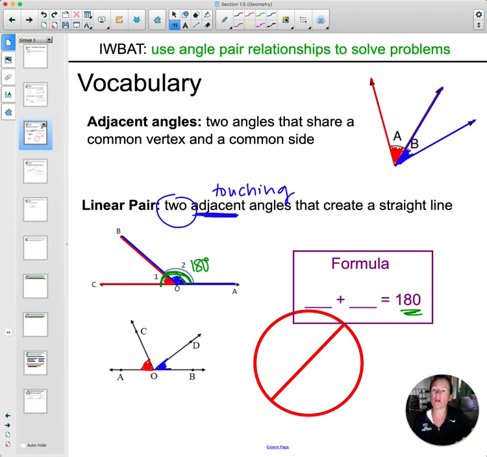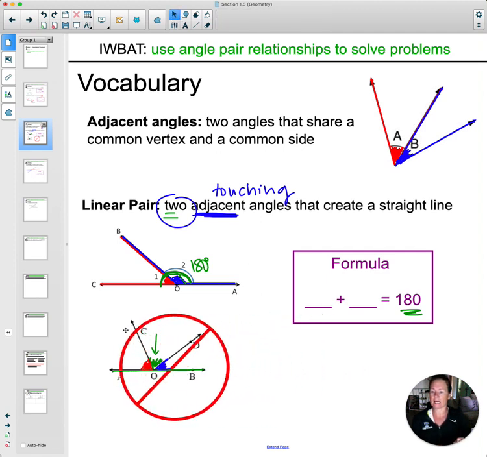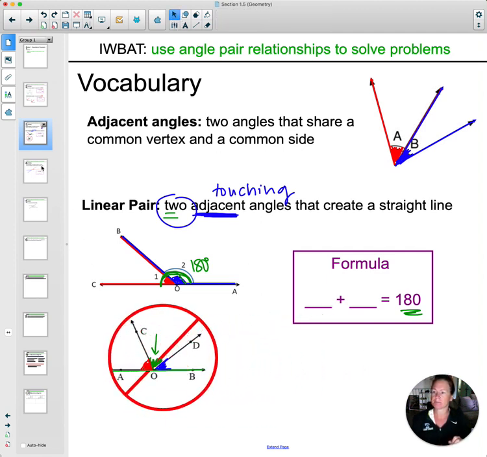So there's all of this blank space in between those angles. So even though we've got a straight line here, these 2 angles don't make the straight line because we're missing this whole chunk of angle here. So there's 3 angles here that make a straight line, but remember a linear pair has to be 2. Angle addition would tell us that red plus green plus blue equals 180, but red and green together do not make a straight line. So that's a non-example of a linear pair.